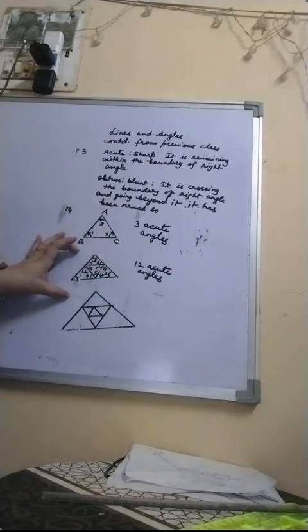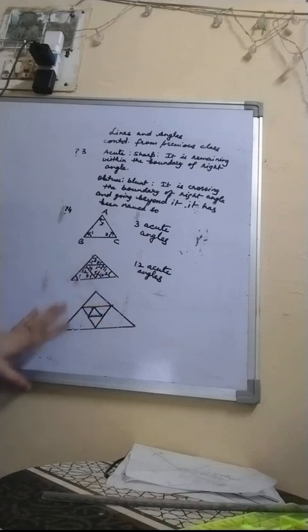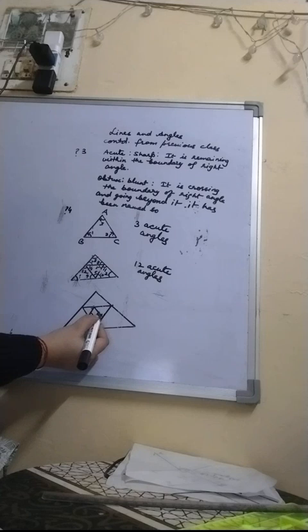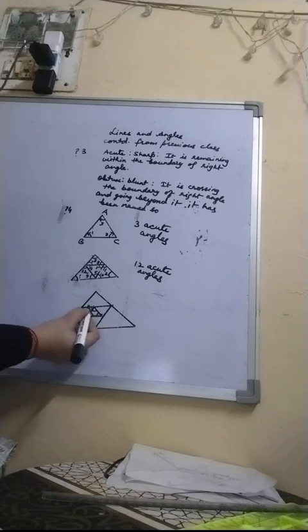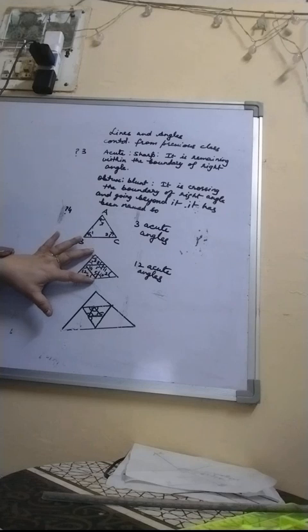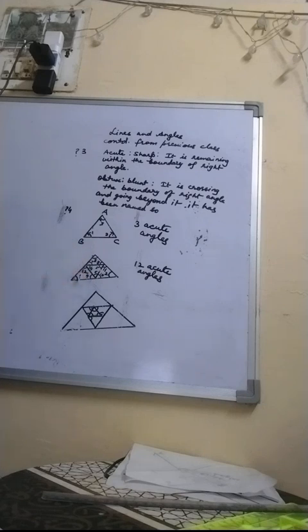Okay, so 12 acute angles we have already discovered. Now we are left with the innermost triangle. So we start with 13, 14, 15, 16, 17, 18, 19 and 20. Can you figure it out? If I remove this triangle, it would be the same as the previous part. So there are a total of 12 acute angles that we had got there, and now for the innermost triangle you have to count from 12 onwards.